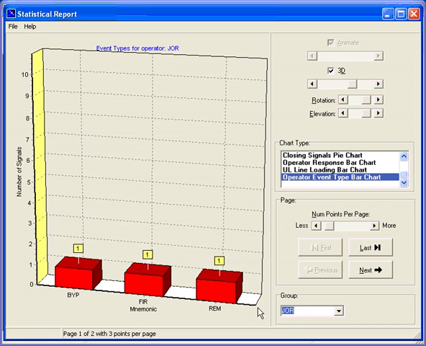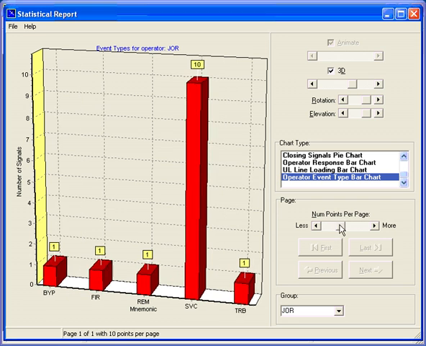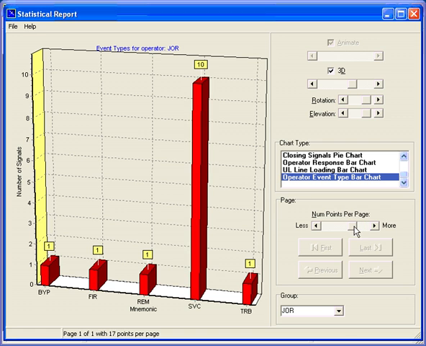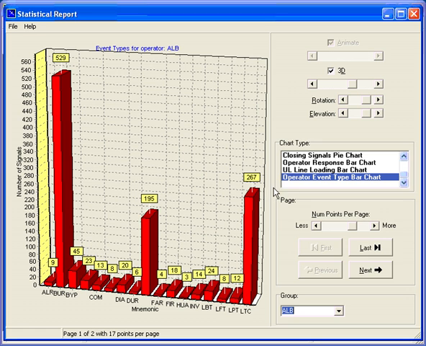Operator JOR, 1 fire mnemonic. So we can get an excellent feel for the way that totally works together. Seem to be one of our busier operators here.